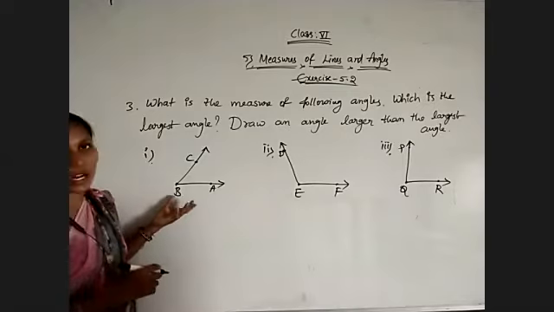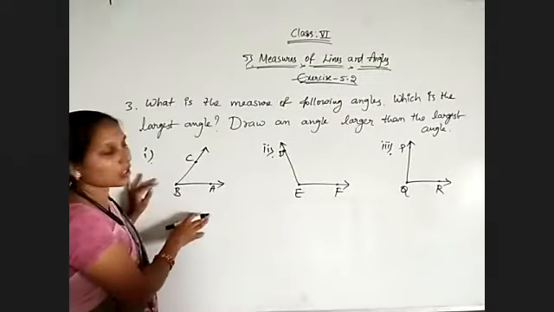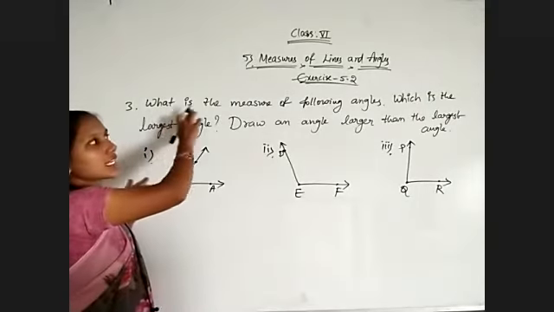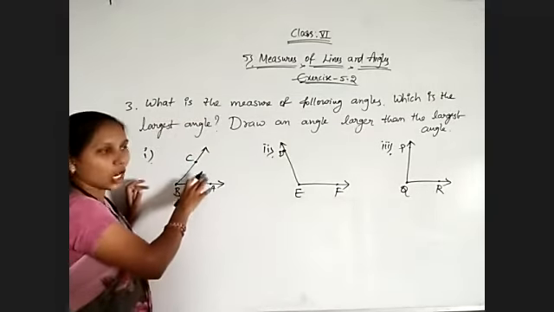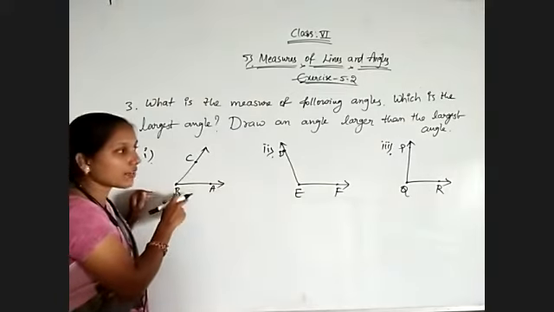I did not draw them exactly, but in your textbook, first of all, find out their measures. What is the measure of the following angles? They are not asking to construct these 3 angles. We just need to find the measure of each angle.